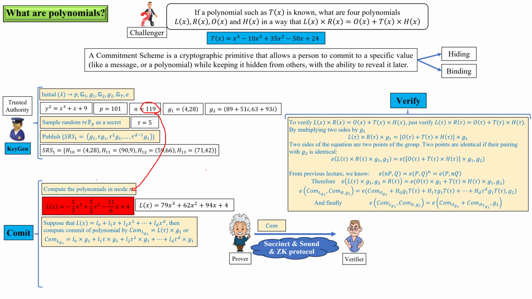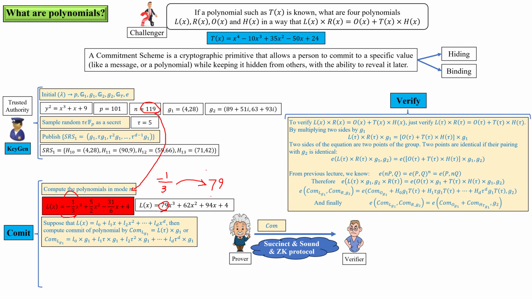So let's compute one of the values to see how these coefficients are computed in mod 119. For instance, we want to see how minus 1 over 3 is converted into 79, right? What is minus 1 over 3?